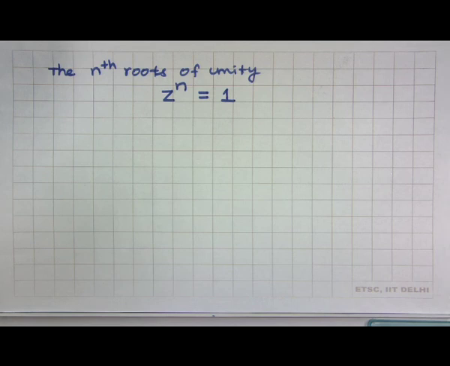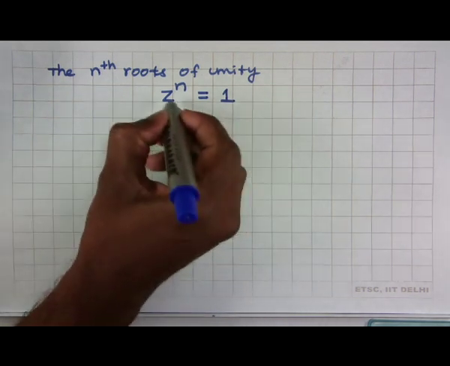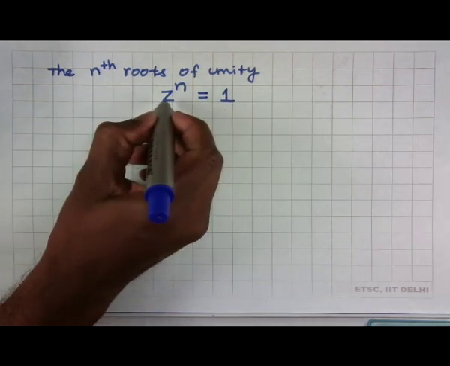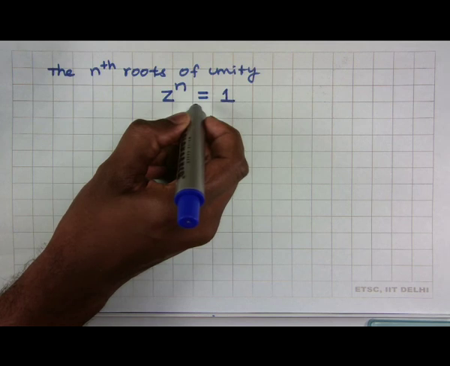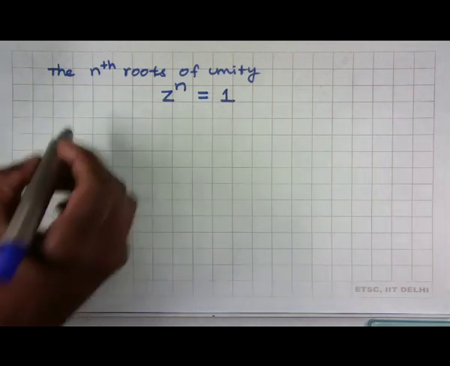Now let us observe, once we demand that a complex number satisfies this equation, then immediately you observe that modulus of z must be 1. This is the first observation we make.